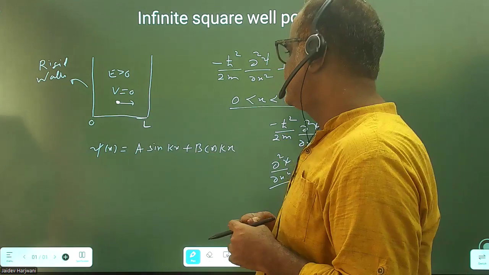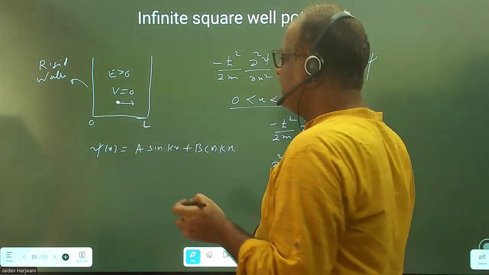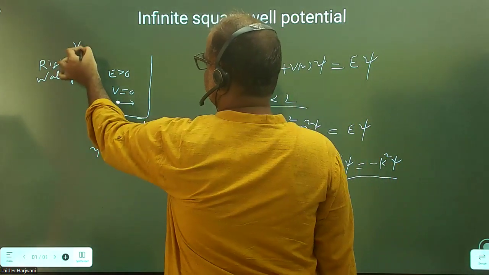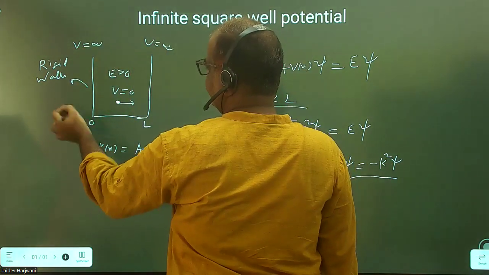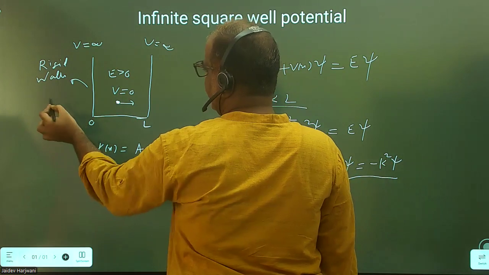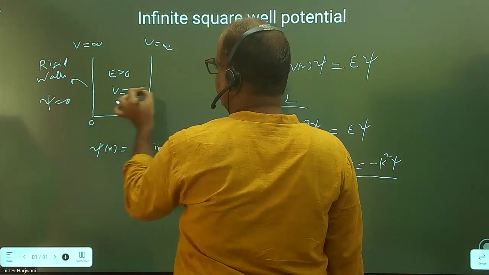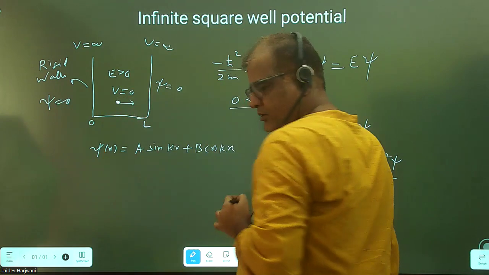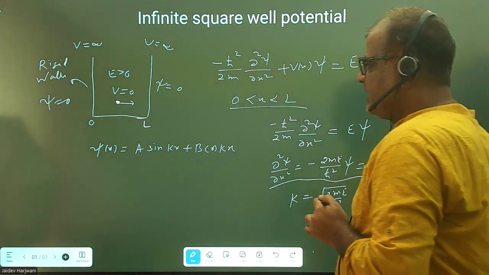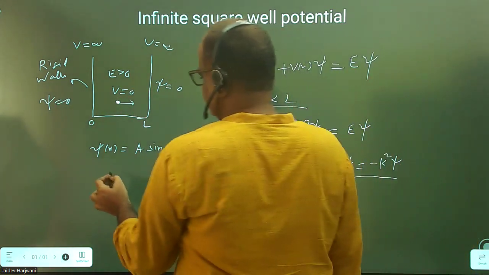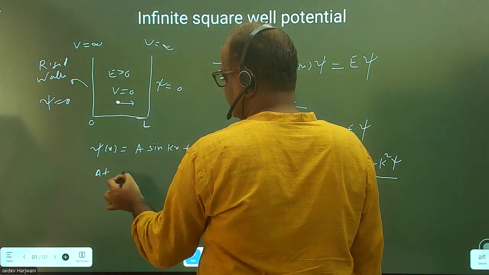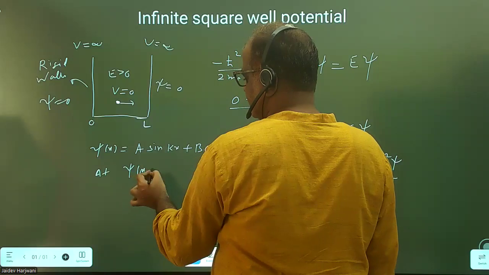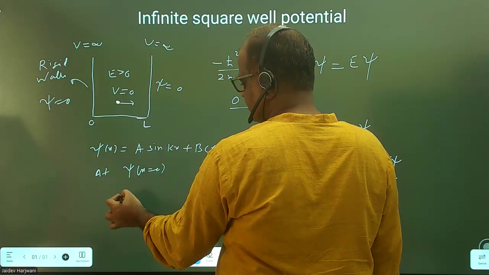Boundary conditions on psi. Psi is 0 at the walls because V is infinite there, so the particle cannot escape and cannot be there. So psi should be 0 at the boundary. At x equal to 0, psi is 0.